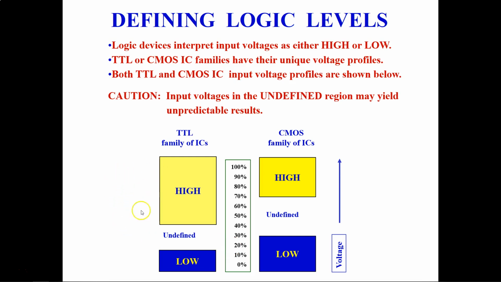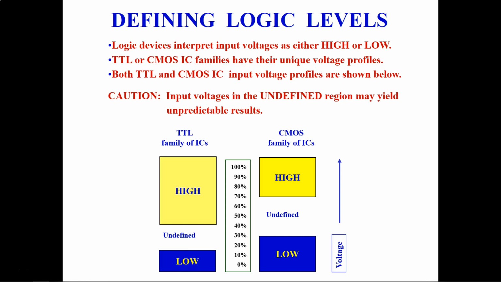If you see the TTL, these operate on a nominal power supply voltage of 5 volts. Ideally, TTL has a high signal of 5 volts and a low signal of 0 volts.